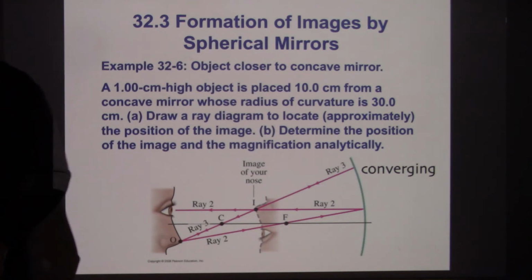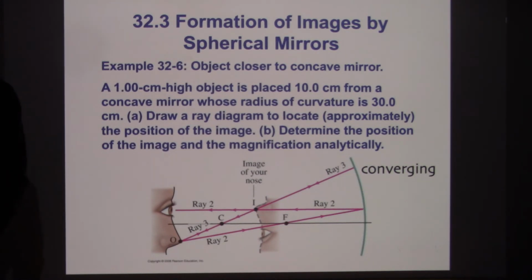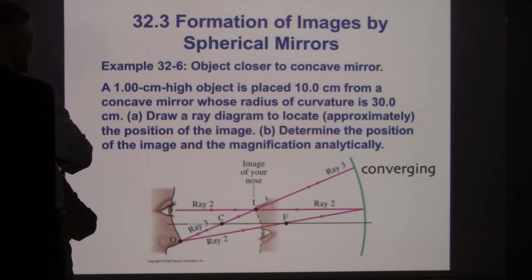Okay, let's continue on with a couple more examples here. So we have a concave mirror, and the concave mirror is going to be converging.